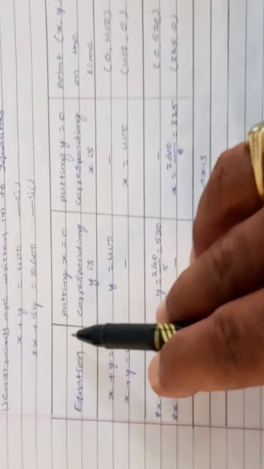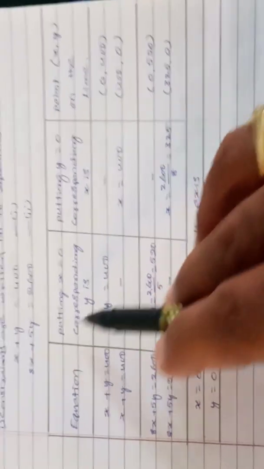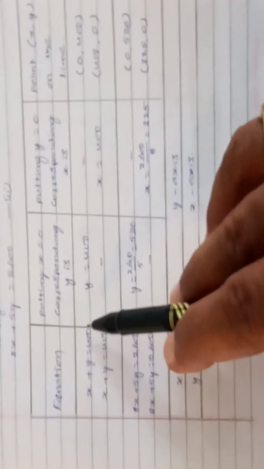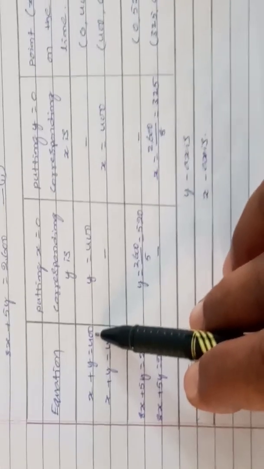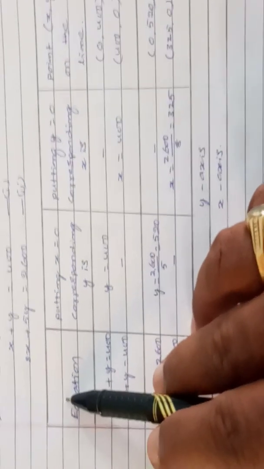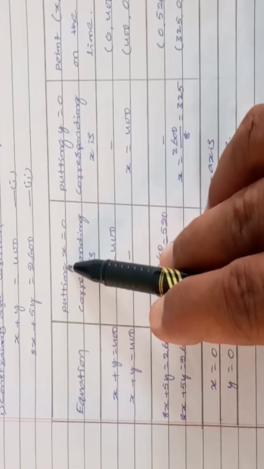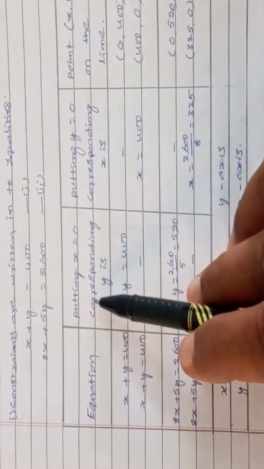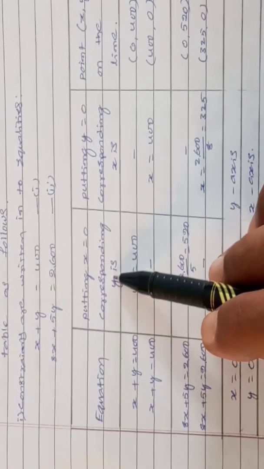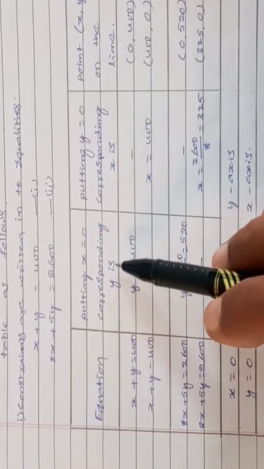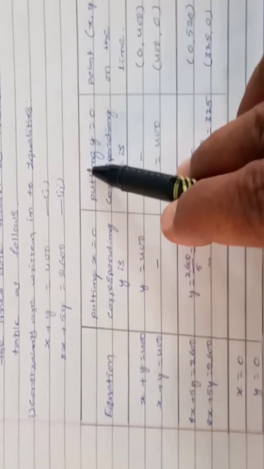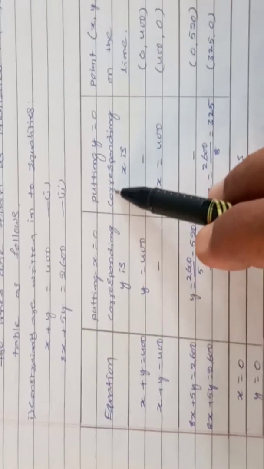Now you go for the equations and calculate for the graph. Now you see x plus y equal to 400. In this table, the first column is the equation, the second column is putting x equal to 0 and finding the corresponding y, and putting y equal to 0 and finding the corresponding x.